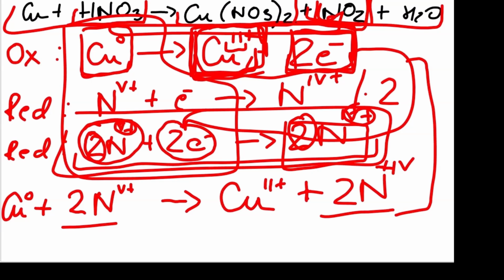So now what do we do? Okay, so metallic copper, we have one atom or 1 mole. So it is obvious that the salt also will be one particle or 1 mole. Yes, we have 2 atoms of nitrogen with the oxidation state equal to plus 5 and 2 atoms of nitrogen with the oxidation state equal to plus 4.